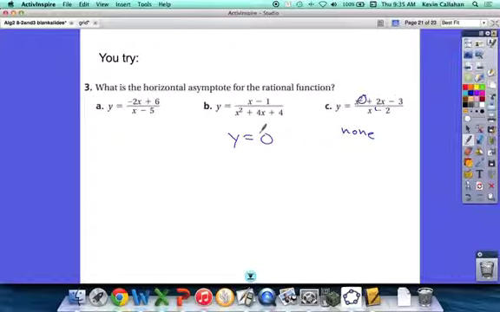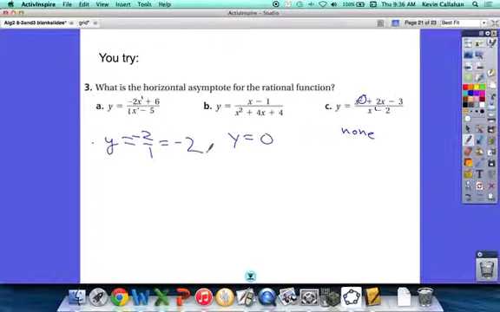And which is the degree of the numerator and the denominator? 1 and 1. So what does the rule tell you? The ratio of the coefficients, negative 2 over 1, which is negative 2.